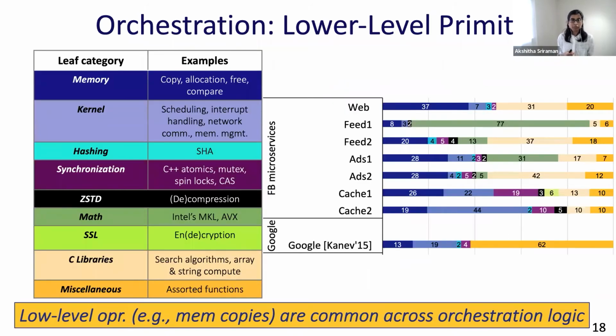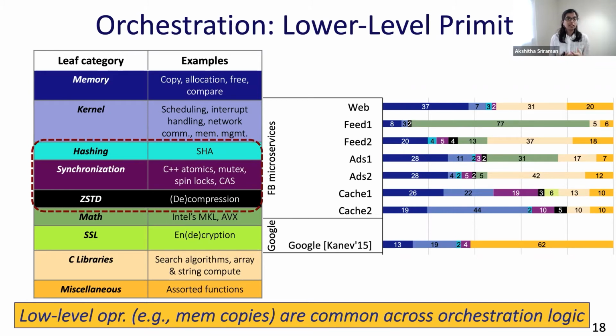Apart from memory copies, we also identified other low-level primitives that are common across these orchestration operations. In this graph, I'm showing you how the different types of memory operations, kernel operations, data compression, hashing, and synchronization operations can consume a significant fraction of the global data center cycles.